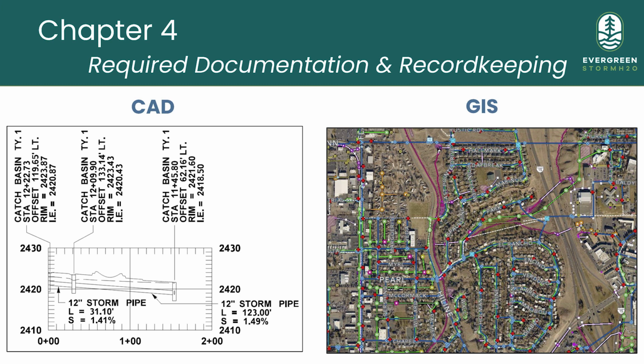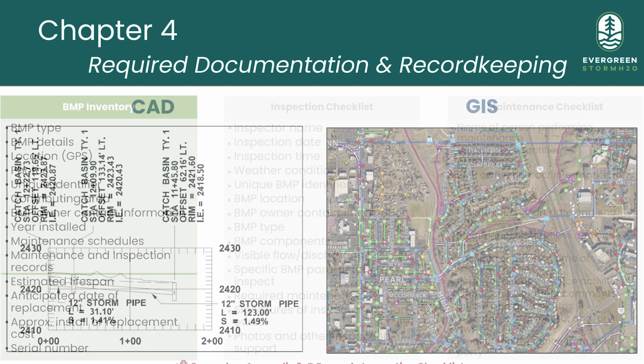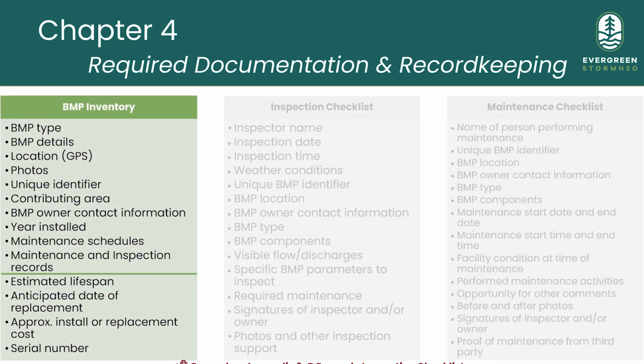You can combine this with other spatial data. So whether that is land cover, soil type, slopes, you can then use that for some stormwater analysis. So we have reported that for these mapping features, permittees have also used that because they can combine it with more spatial data. So part of this documentation that we mentioned is developing this BMP inventory.